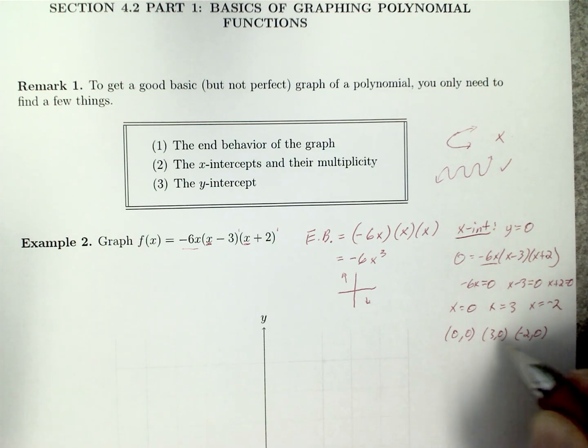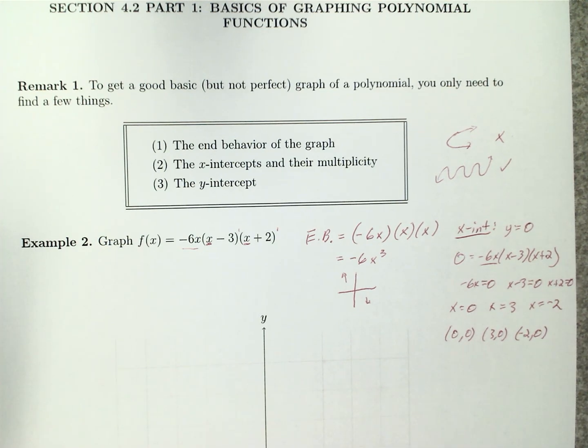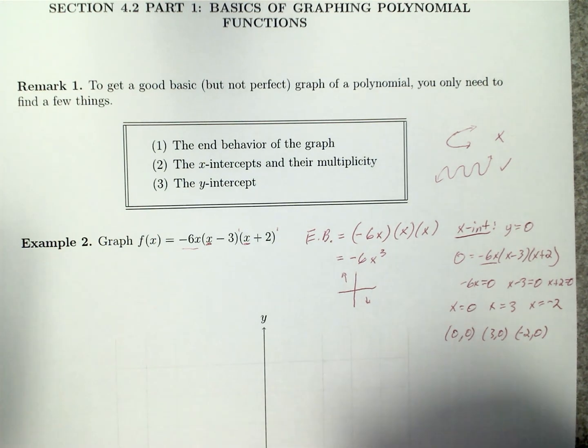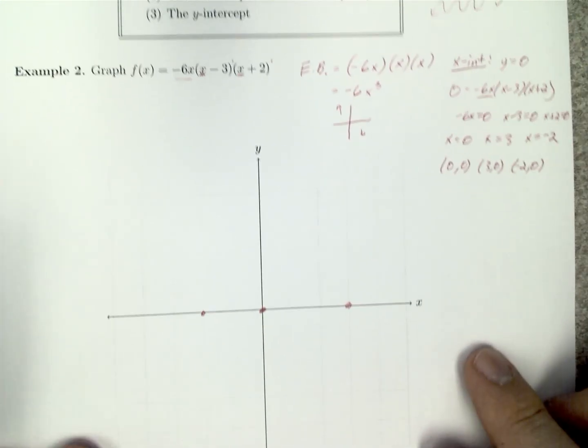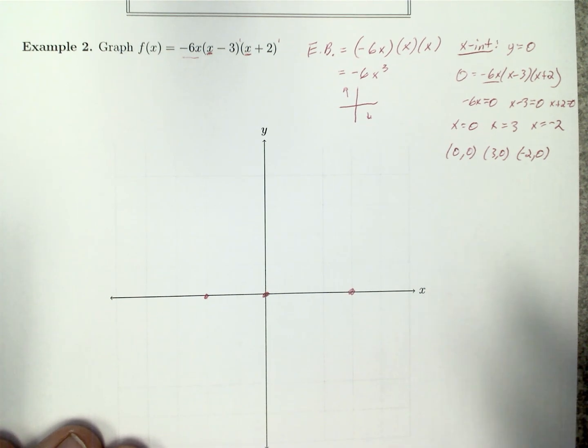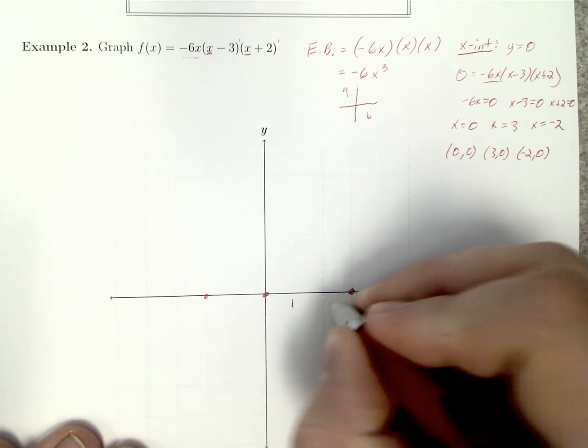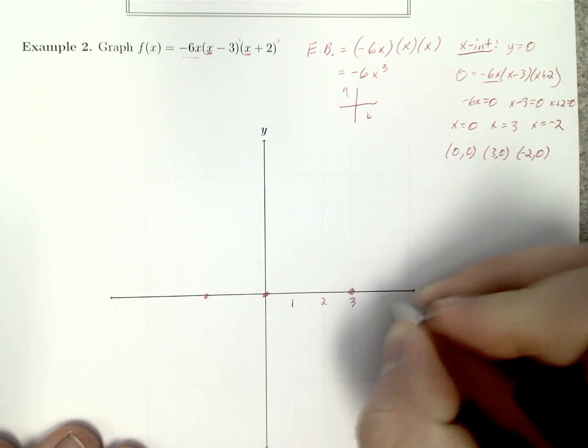But (0, 0), (3, 0), and (negative 2, 0) are our x-intercepts. We'll go ahead and plot these. Since it seems this has faded quite a bit, I'll go ahead and enumerate these.